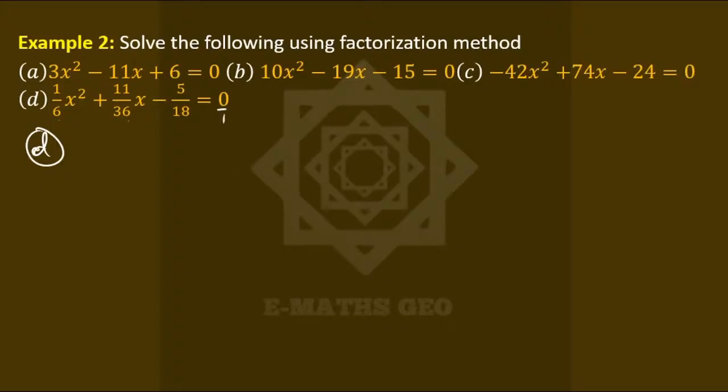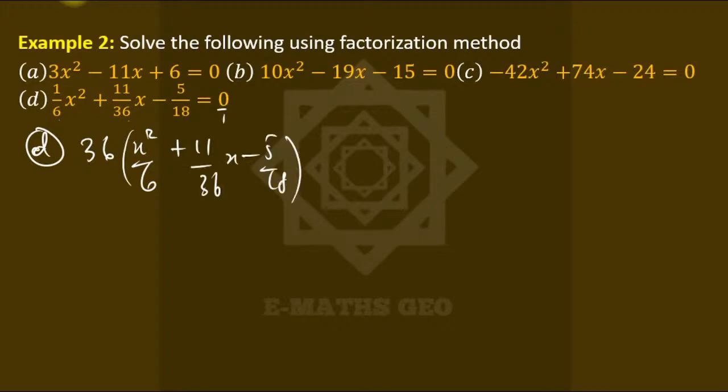So if you multiply each by the LCM, or just multiply left and right by their LCM, same 36 times 0. So what do you do? They will reduce.